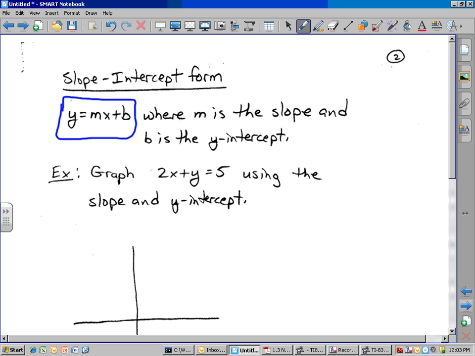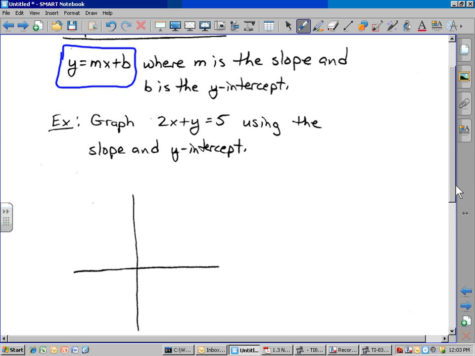So we're going to graph using slope-intercept form. 2x plus y equals 5. What do we need to do to graph this? Solve for y. So y equals negative 2x plus 5.